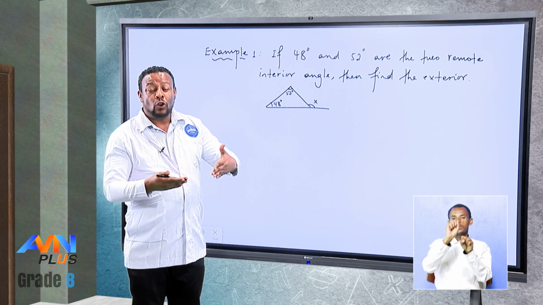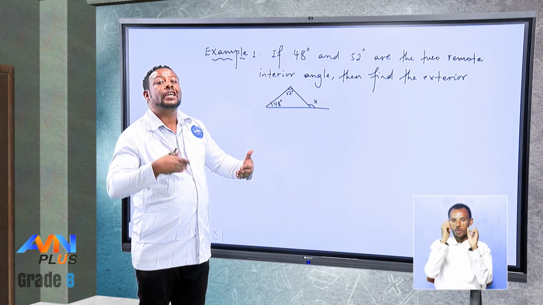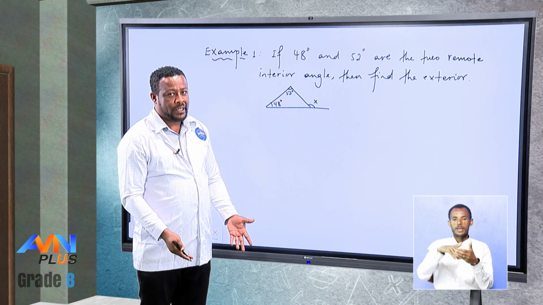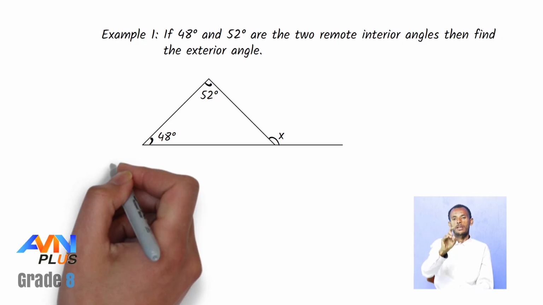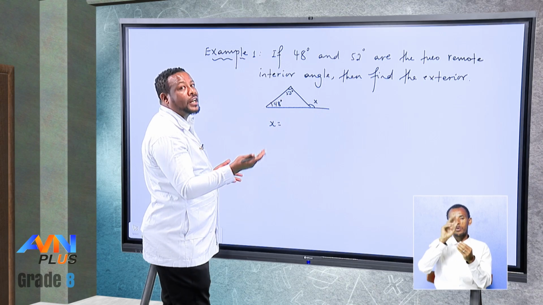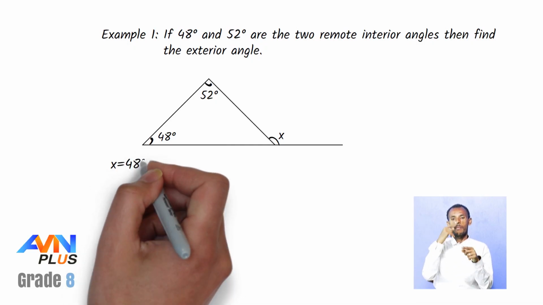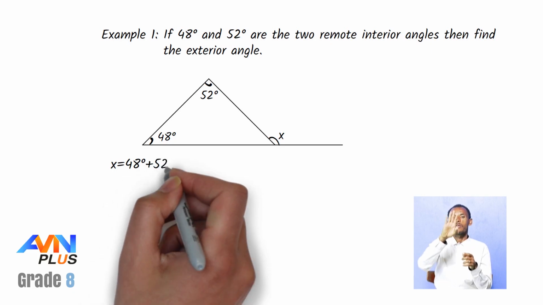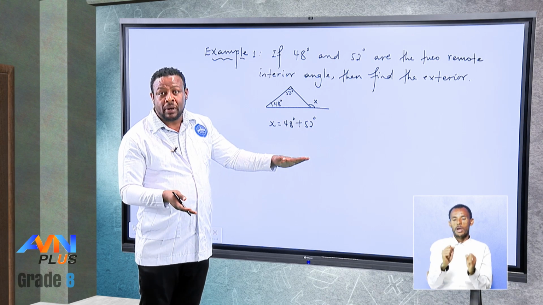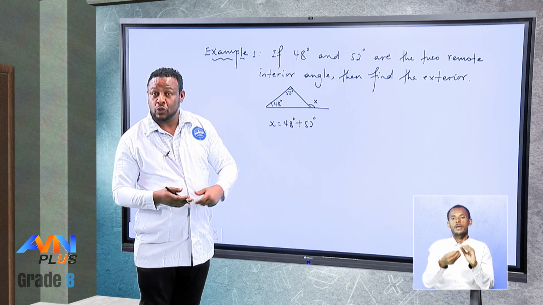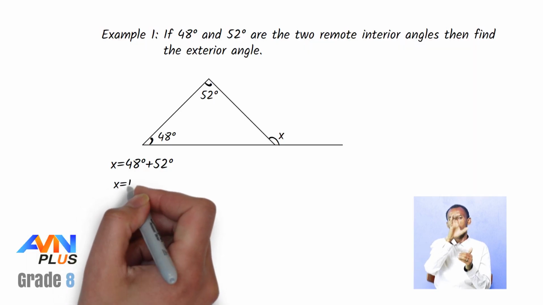So based on the theorem that we have seen before, you can easily calculate the exterior angle. So simply the exterior angle X is the sum of the two remote interior angles as we have proved. So X should be 48 degrees plus 52 degrees. Okay, so you can add these two numbers. I think the sum of these two numbers is 100. So x is 100 degrees.